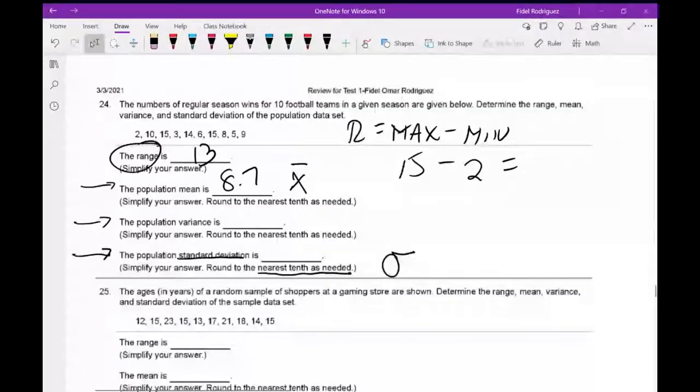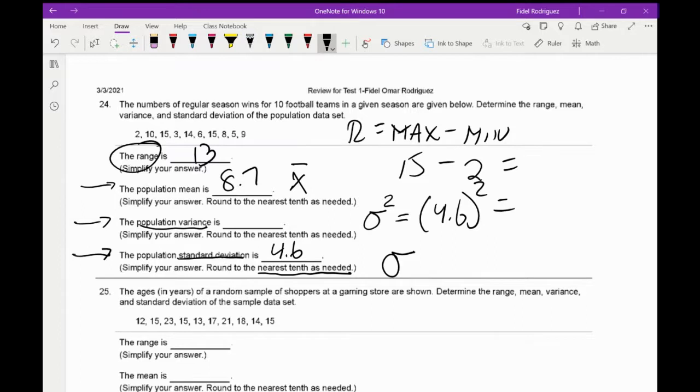So let me stop sharing this and let me come back to my review. Okay, so right here, I'm going to write down the number 4.6. Now, you might say, well, how do I get to my population variance? It's going to be that number that we got squared. So all I'm going to do now is take 4.6 and square it. In your calculator, you can just do 4.6 times another 4.6.